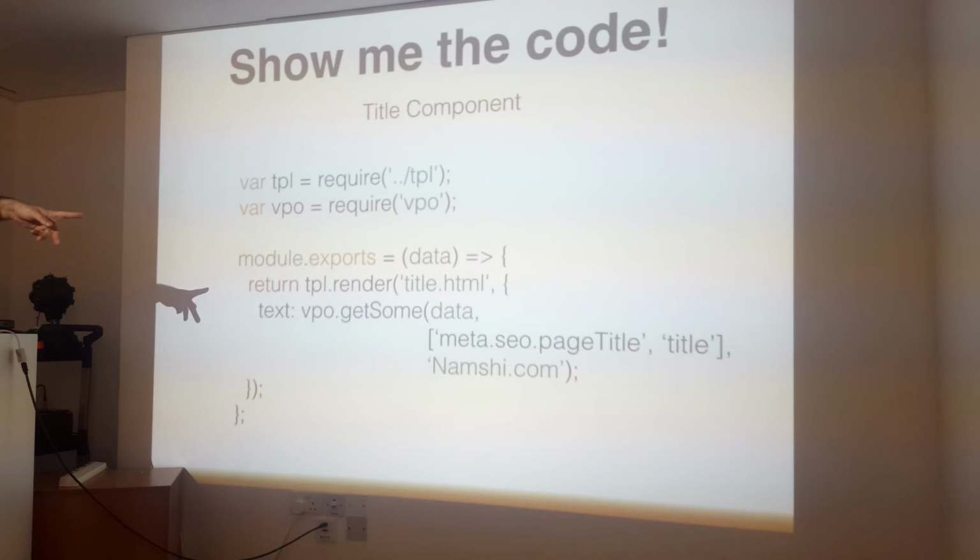What it does is look in the data for either meta SEO page title, so it's our meta structure, or just the title field, or if it doesn't find even one of them, it's going to just return namshi.com. It gets the text, it gets the title template as HTML, which includes the Nunjucks syntax, and it's just going to give it the text parameter for it to render.